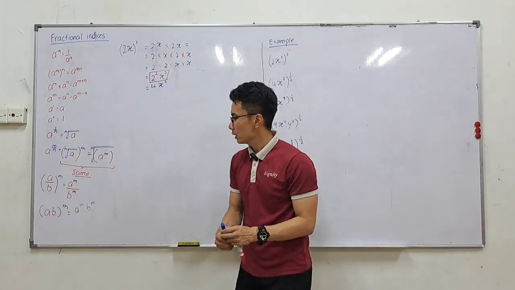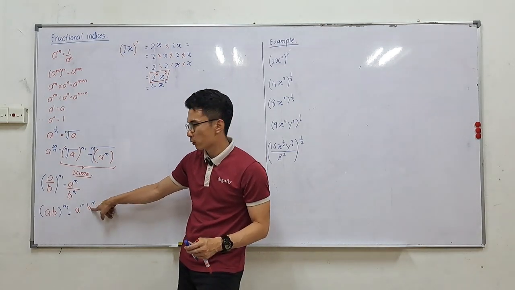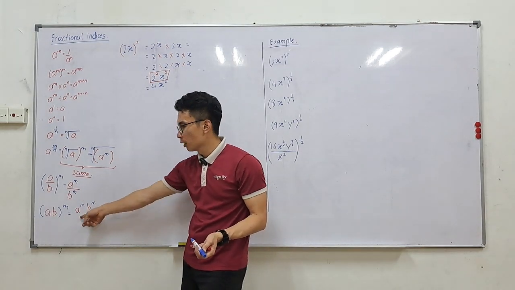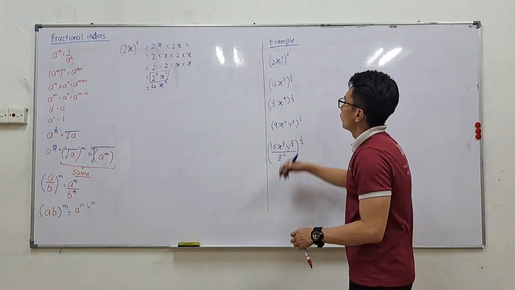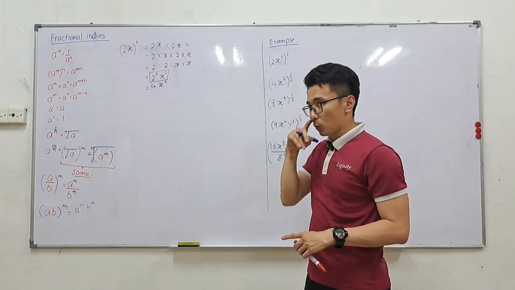It basically looks the same as this. This is for the division, this is for the multiplication.